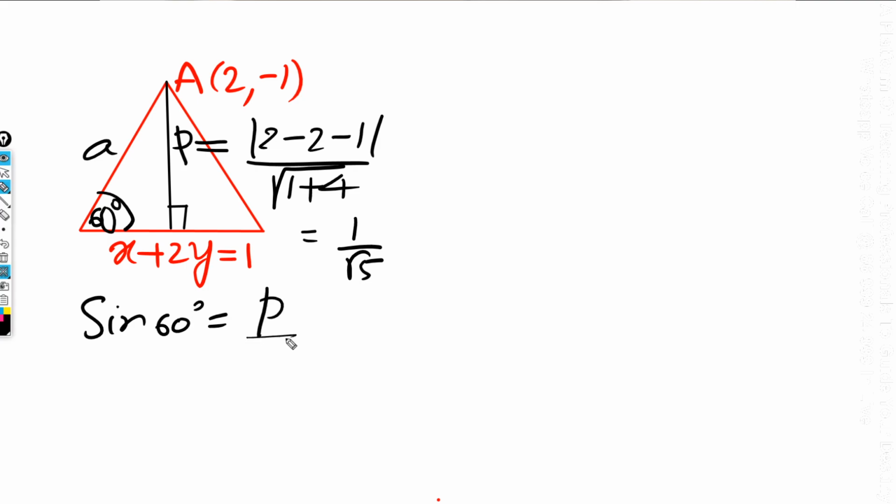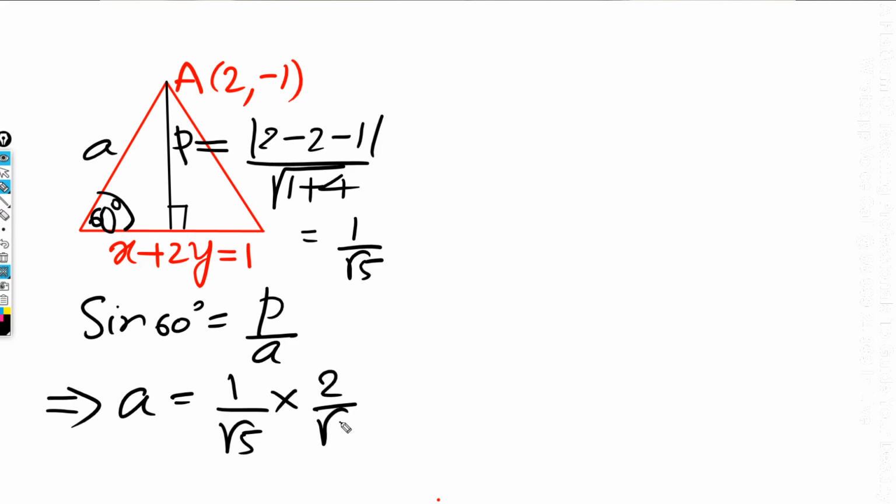P divided by A. What is A now? P we know. Cross multiply. P is 1 by root 5, sine 60 is root 3 by 2, shifted this side, 2 by root 3. It is 2 by root 15, please.